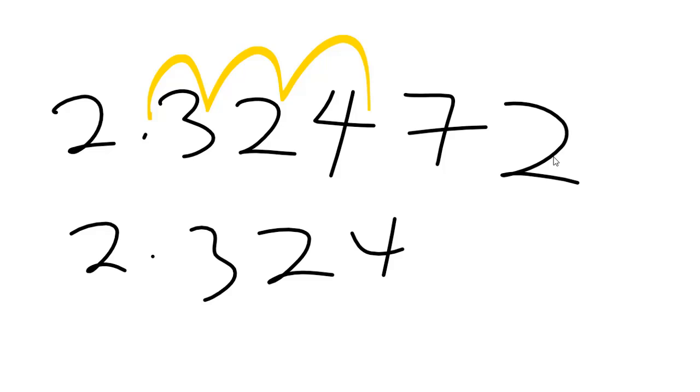But for the number after the last digit that you pick, if the number is 5 or more than 5, then you add 1 to the last digit of your answer. What I mean is, because this number here is more than 5, we add 1 to the last digit of our number.